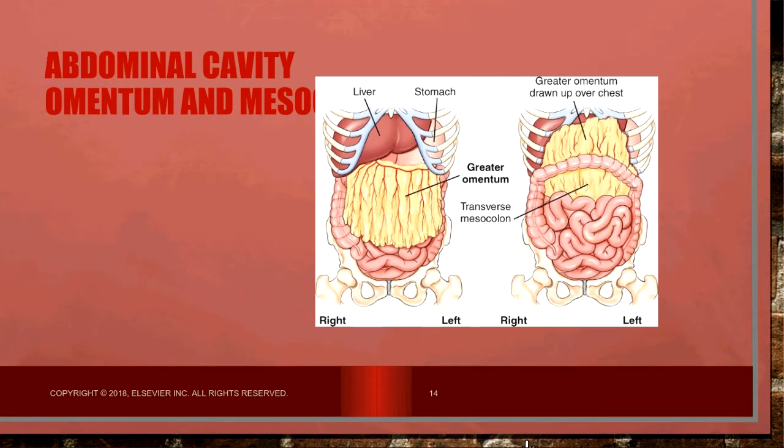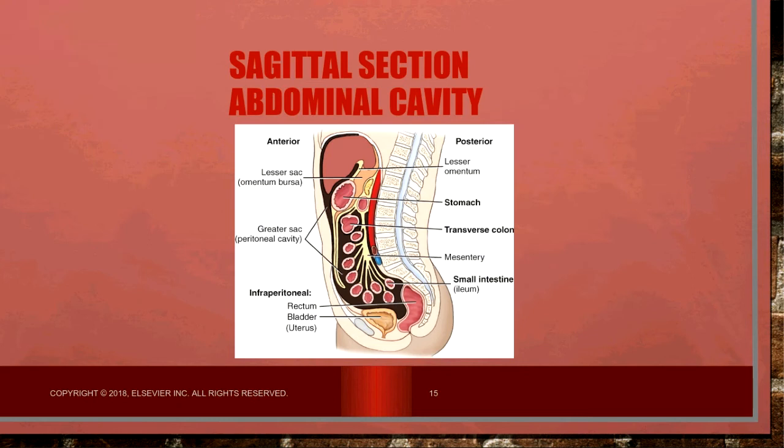We can also look at that sagittal section again. You can see the lesser omentum outlined here. They're showing you where the stomach is, the transverse colon, the mesentery.